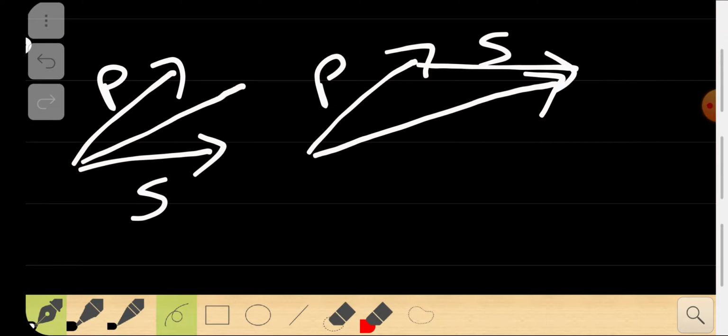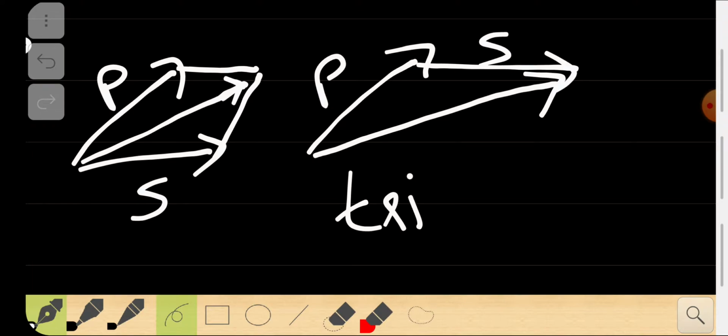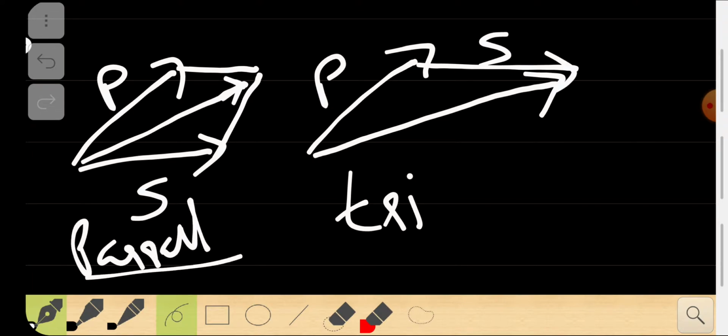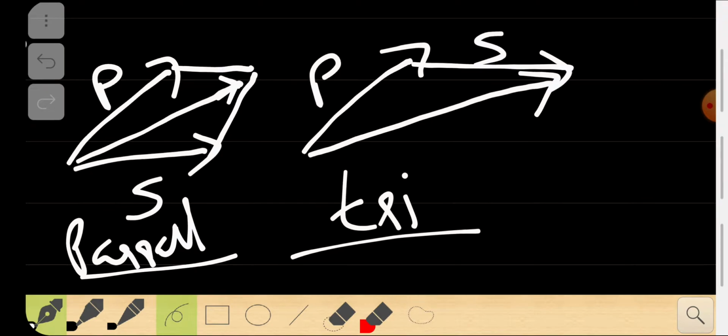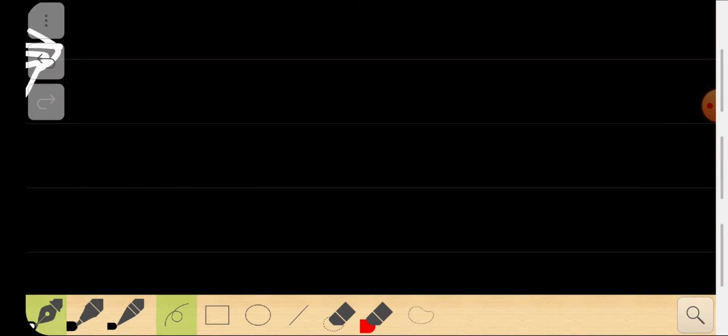It's all the same, whether you draw a parallelogram or a triangle. This is called the triangular law of vector addition, and this is called the parallelogram law. It is commonly used to find the direction of the resultant vector. So that's an aside, and now I'm getting back to the coordinate system.